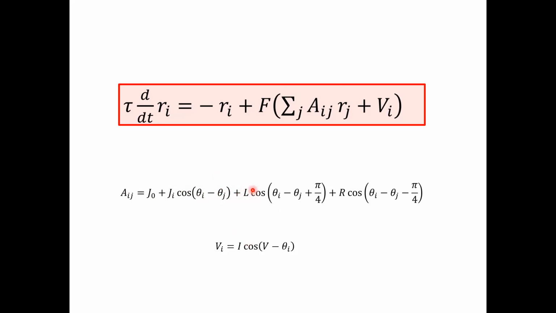Then you have a parameter L, and you see here you move in a direction. So if you move from pi divided by 4, you move to the left, and it's associated with the coefficient L. And in the other direction with R, which is right. And here you have some drive. Of course, this is just an introduction.